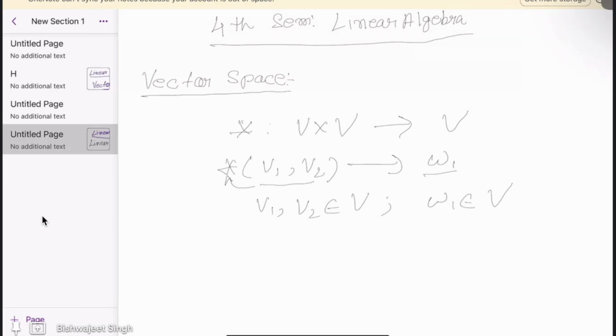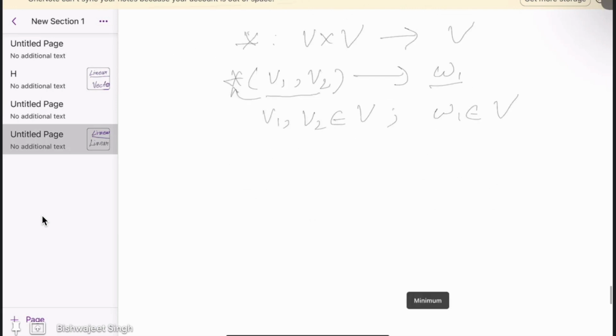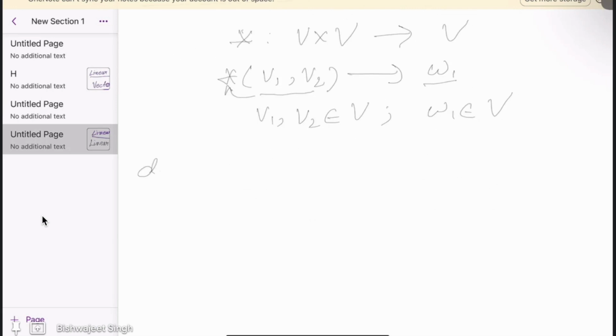So now we are going to formally define what a vector space actually is.